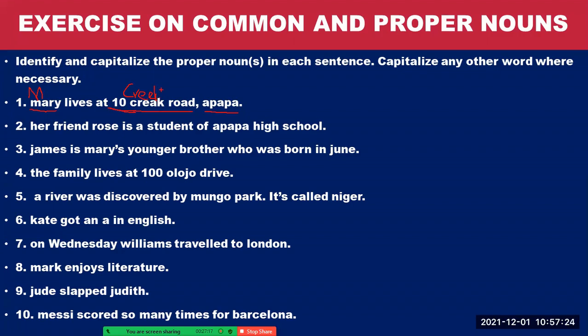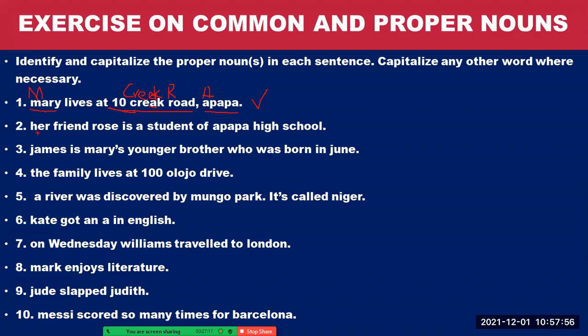So Creek, take note of the spelling here. 10 Creek Road, road here starts with a capital letter. Then Apapa starts with a capital letter. All right, so that's exactly how to rewrite this sentence. We have underlined the proper nouns and we have capitalized them.